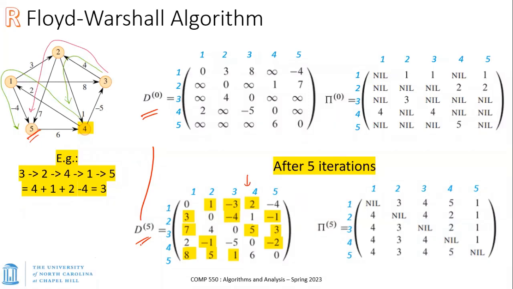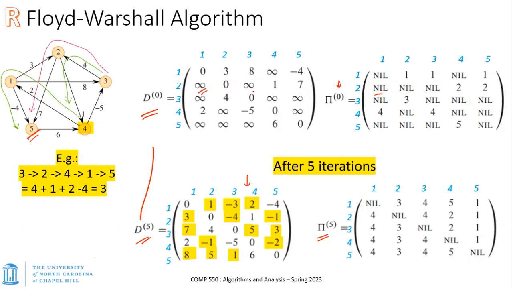So we have the shortest path weights, and we've got the predecessor matrix. At the starting point, at D0, most of the entries were nil because we didn't have any shortest path. Having gone through these iterations, a maximum of V iterations where V is the number of vertices, we now have a whole bunch of improved shortest path weights.